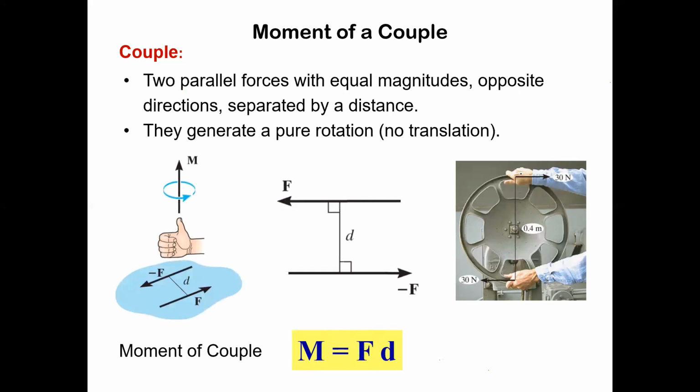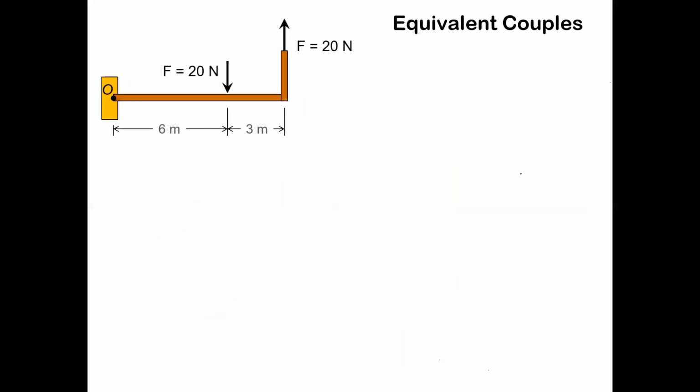It's the magnitude of the force times the perpendicular separation distance of those 2 forces. Seems like it should be something different, but we're going to see why in a second. That's the moment of a couple. So they're a little strange.